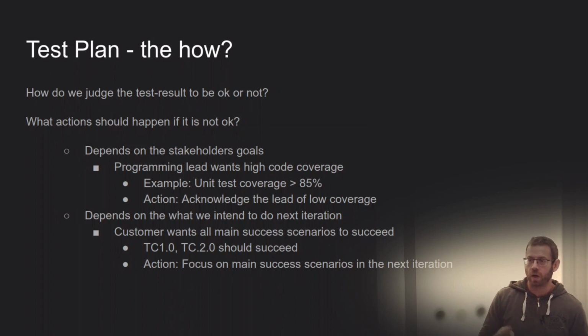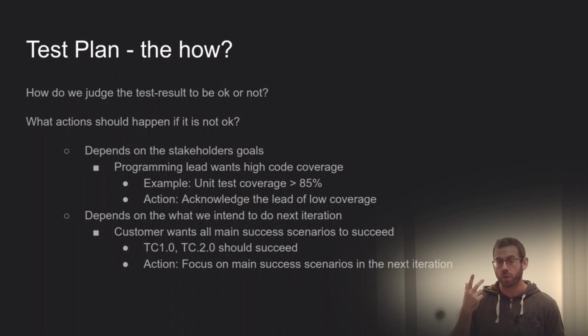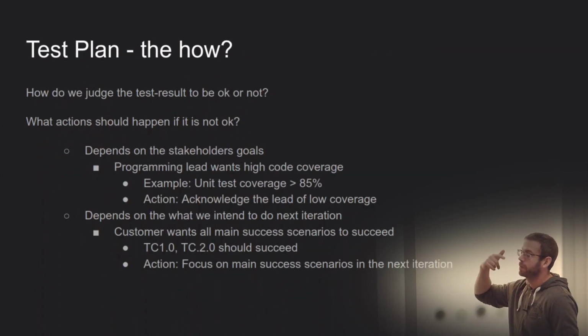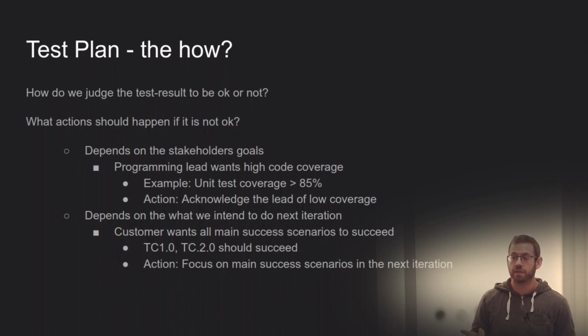You are more or less supposed to come up with some kind of decision if this is good or not, but also suggest action. Next iteration, I recommend that we use this web server, and next iteration we need to focus on these things. These are the flaws of the web server that we found out, so we need to focus on these things.